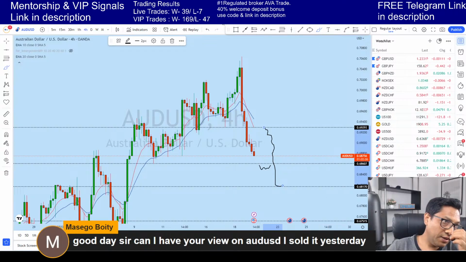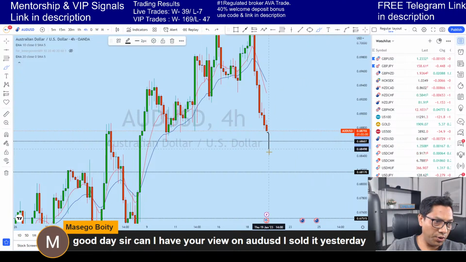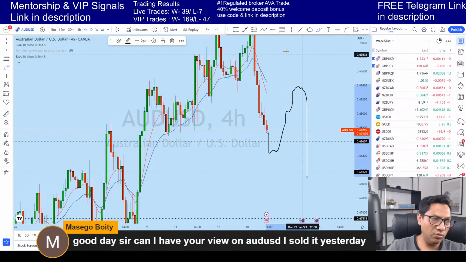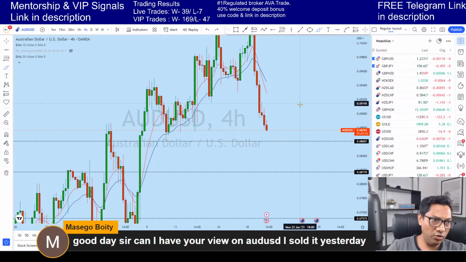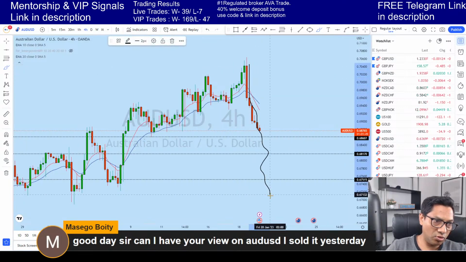So basically the way the price action is forming, highly likely AUD USD will break this low, go back up to test this level, and then come back down. So this could be the wave for AUD USD, because it is highly unlikely the market will just continue to drop.